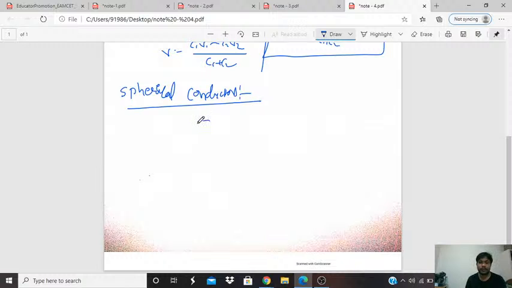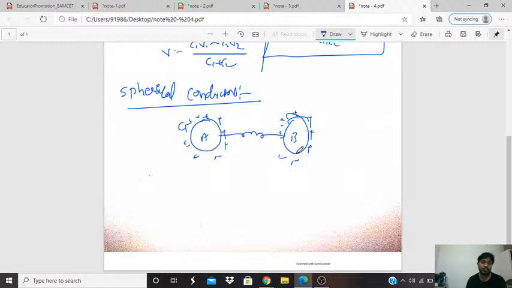So two spherical conductors, A with capacitance C1 and charge Q1, is connected through a wire with another spherical conductor B with charge Q2, where the charge is uniformly distributed.